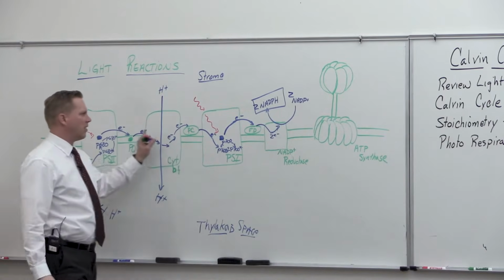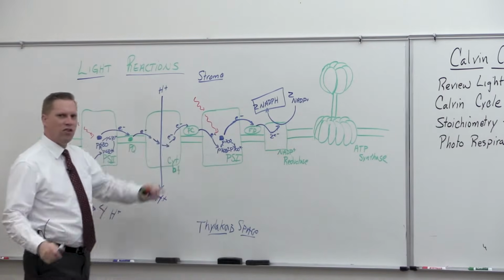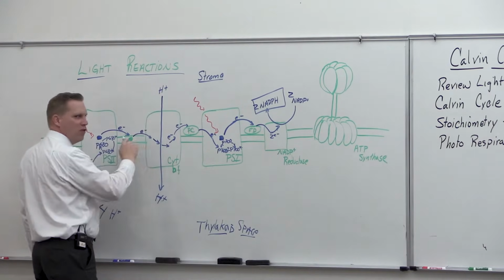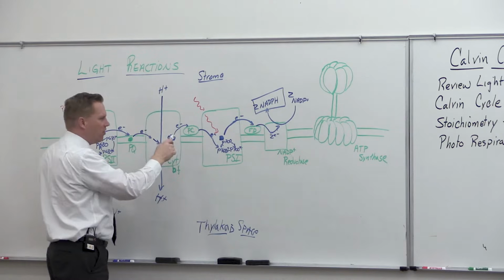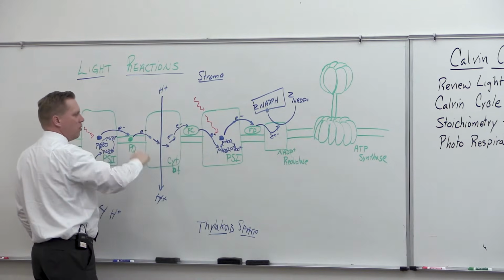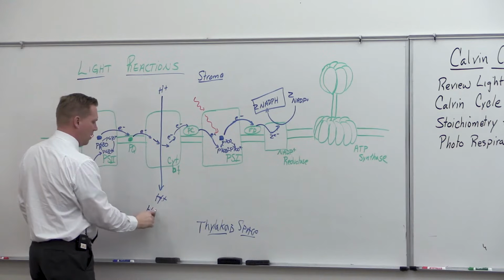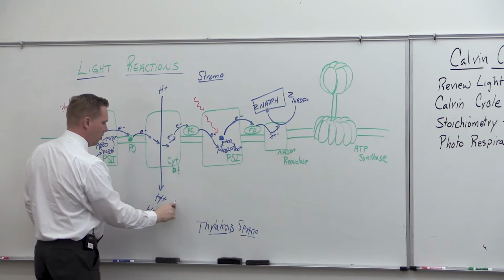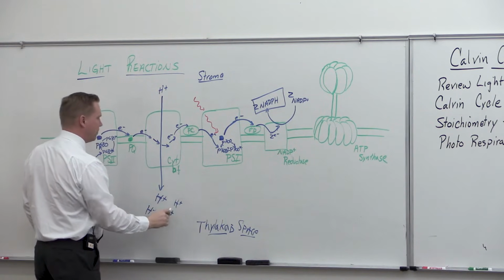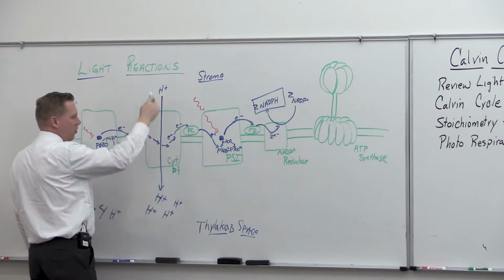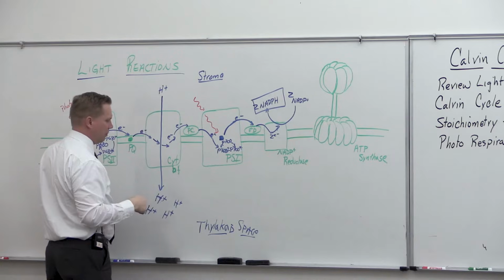So all of this electron movement through here has done 2 things for us. One is we have pumped protons. We've used that electron flow, like electricity, to power this proton pump and move protons against their gradient into the thylakoid space. And it's about every 1 electron that goes through gets 1 proton pumped through.